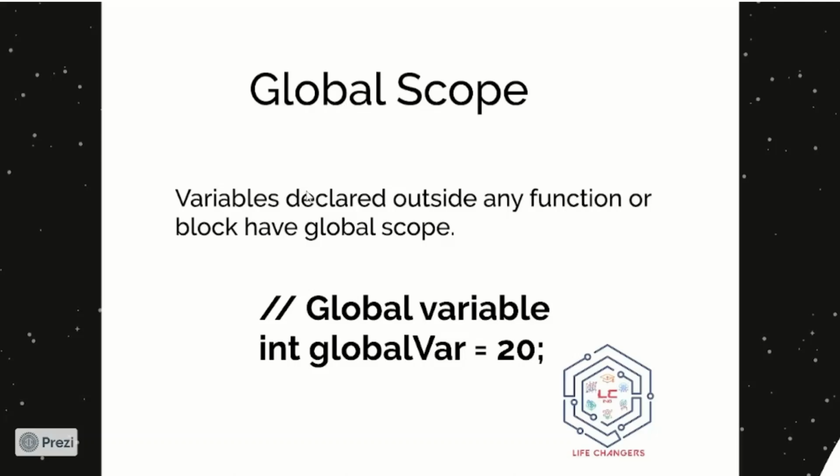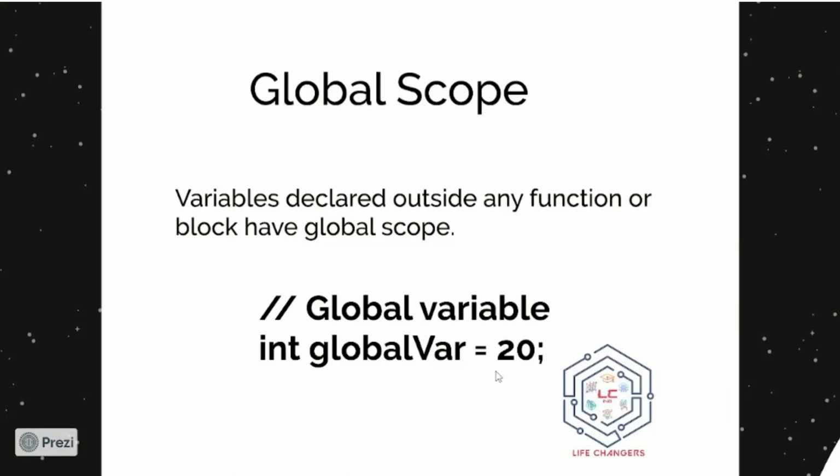But the global variable is declared outside the functions, so we can access it from any function. This is the main difference between the local variable and global variable. A local variable is accessed only inside that function, but a global variable can be accessed by any function. This is how it's declared, outside the functions.